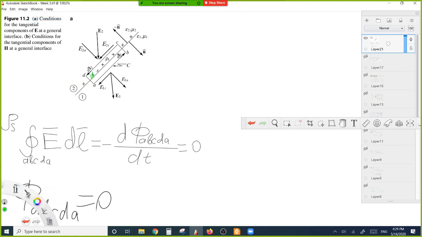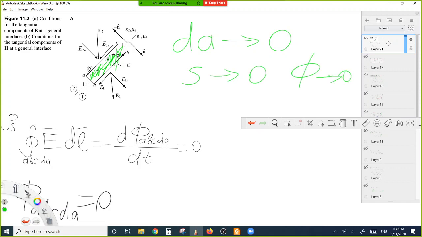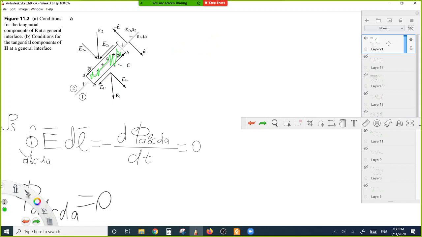When the length of DA goes to 0, this surface S will also go to 0. That's why the flux will also go to 0, and the total flux enclosed in the surface ABCDA is 0.